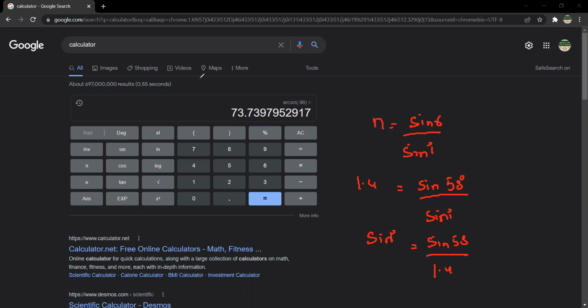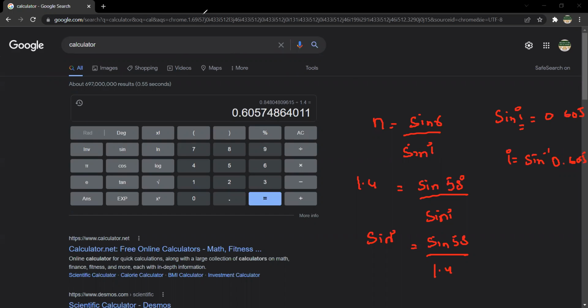Whenever you are using a scientific calculator, the mode should be in degrees. So we have sine 58, that is 0.8480, divided by 1.4, that is equal to 0.605. So sine I is equal to 0.605, but we need I, the angle of incidence, so I equals sine inverse 0.605.